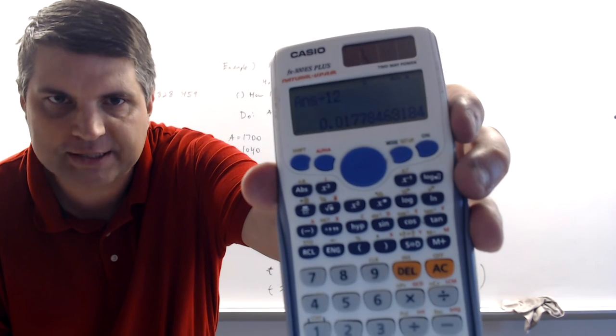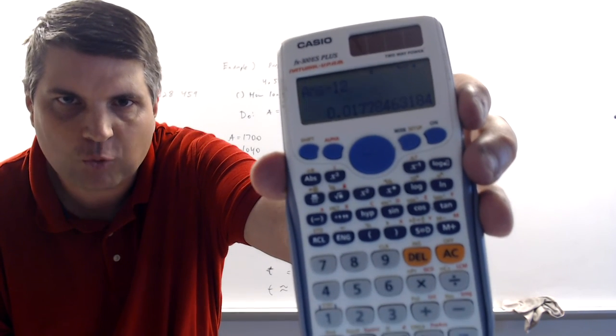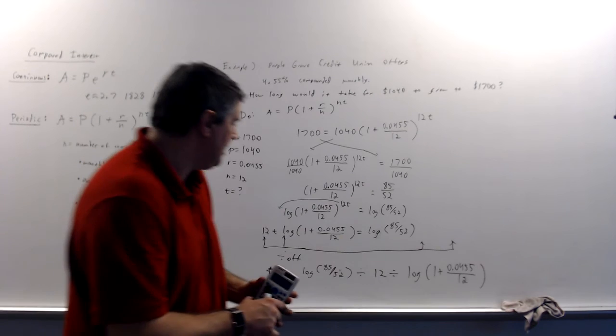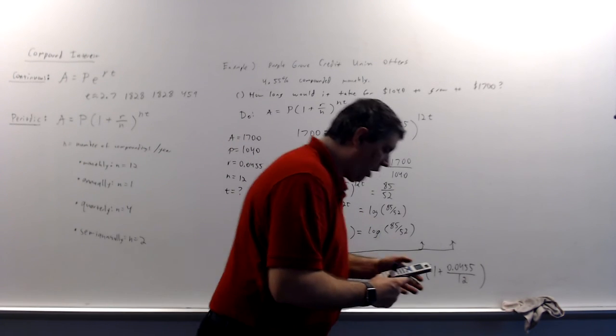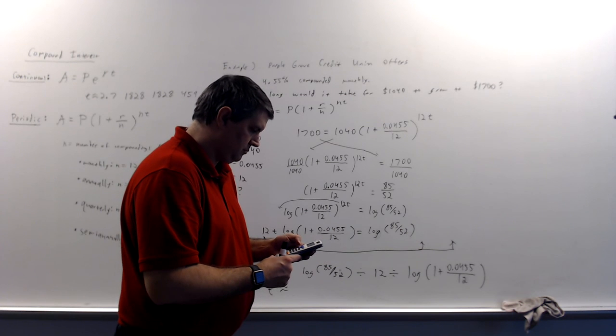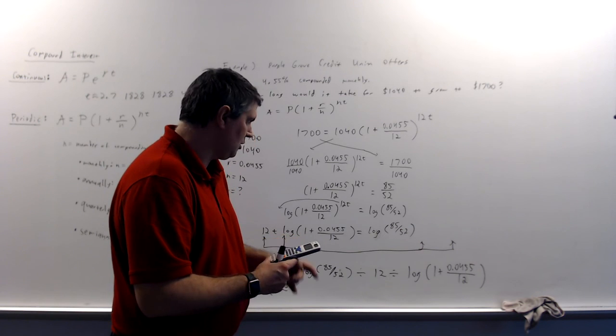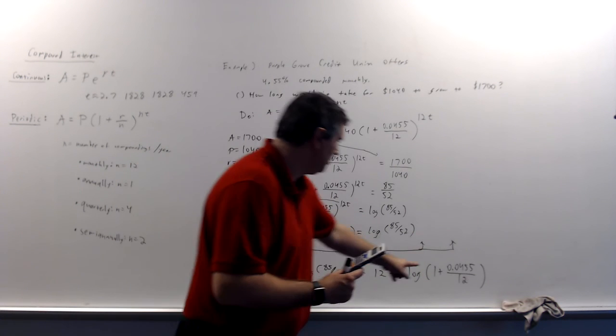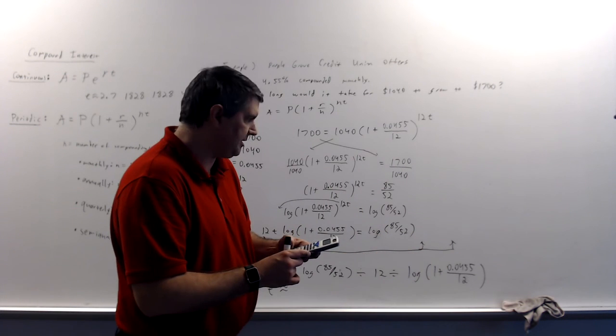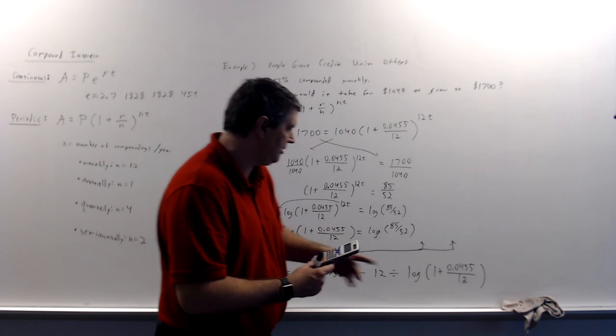Now I'm looking at 0.01778463, blah, blah, blah. Division. Common log. Parenthesis. 1 plus 0.0455.